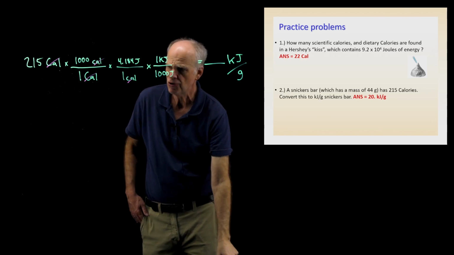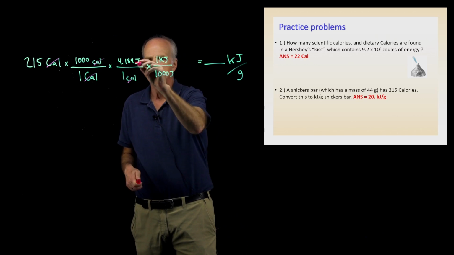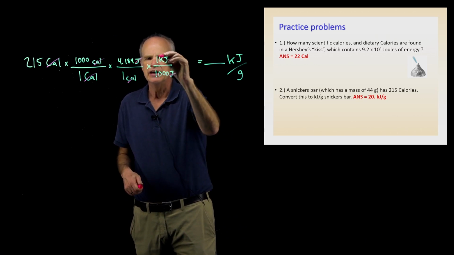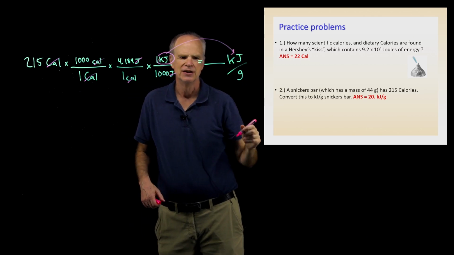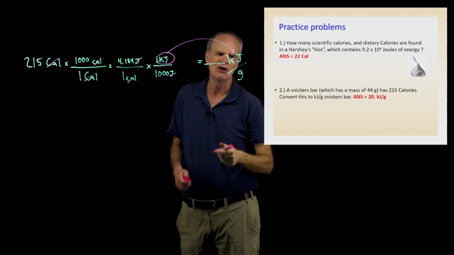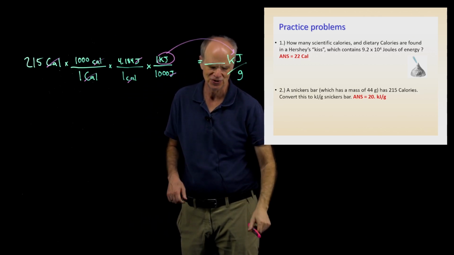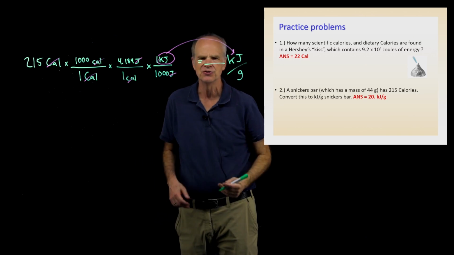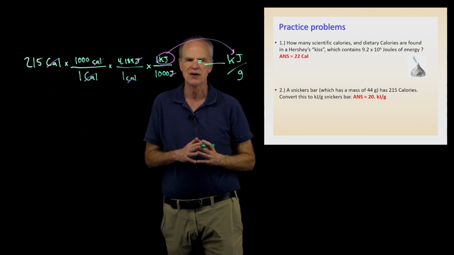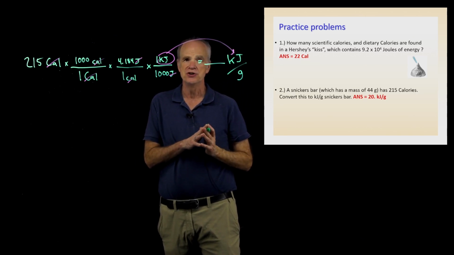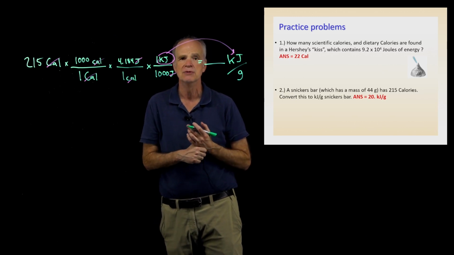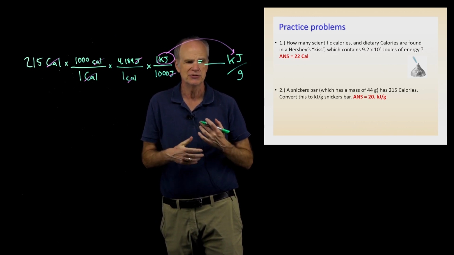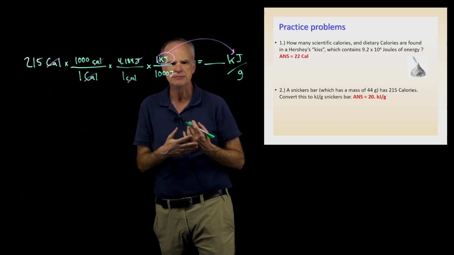Okay, and so let's see where we're at now. You can see joules cancels out and kilojoules is left, right? But here's the thing: that's not enough. We want an answer in kilojoules per gram. There are a number of ways you can solve this problem. Let me show you how you can get kilojoules into kilojoules per gram using dimensional analysis. I'm going to show you a trick which you often don't see.